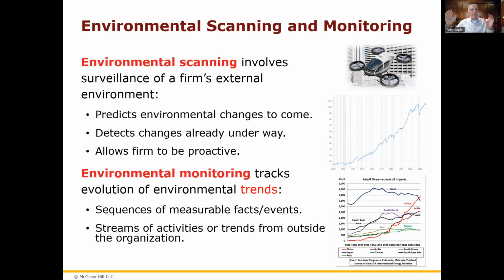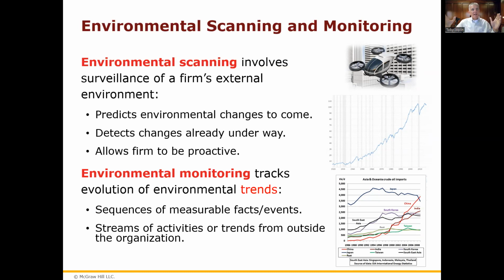If you were to take just a snapshot of the environment as it is today, a snapshot, a still photo, that's the idea of environmental scanning. You take the snapshot of the way things are and use that to predict things that are likely to happen in the future. Environmental monitoring looks at trends, and so it's more like a video, right?